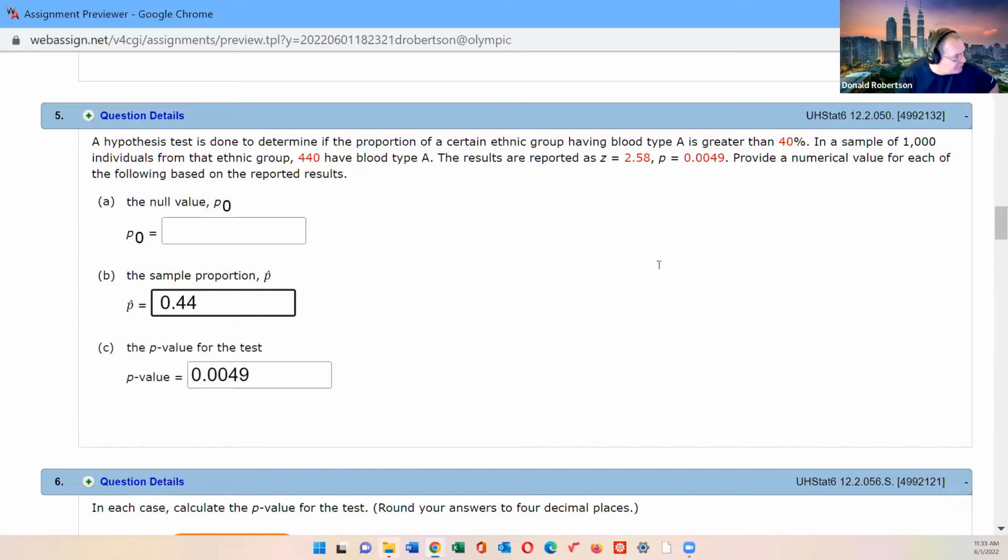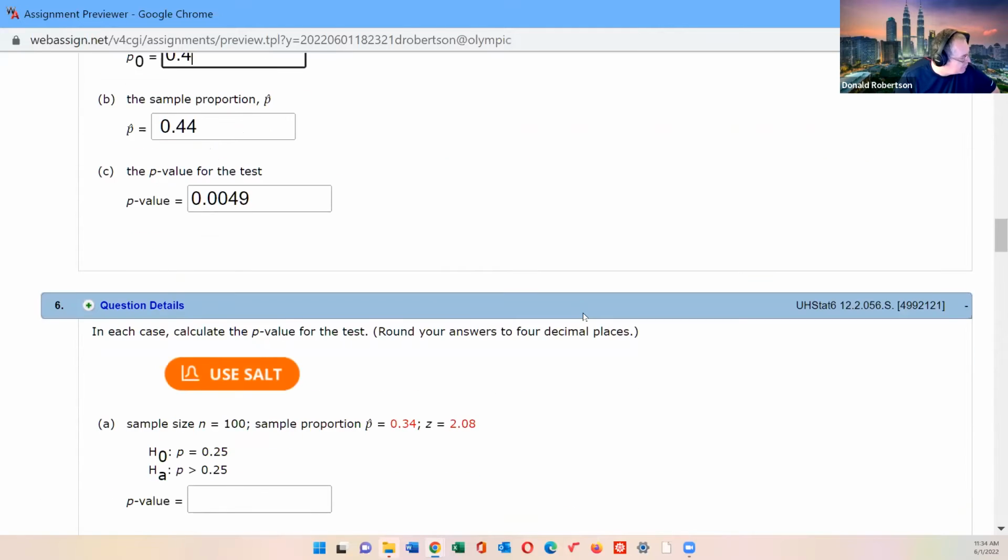What number is the null value here? It's in the story. Where is it hiding? Is it 0.4? Yeah, 0.4. And the reason? If you want to prove something is greater than 40%, isn't the base number 40 and you want to prove it's bigger? And that's the end of that question.